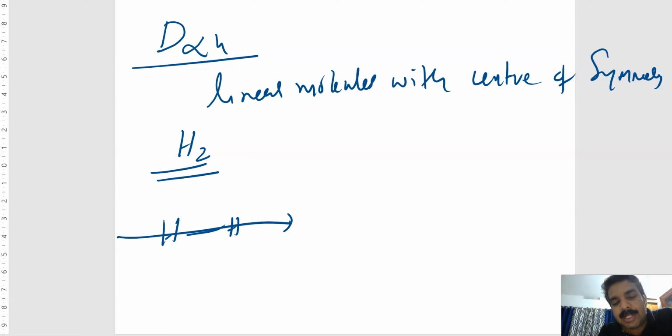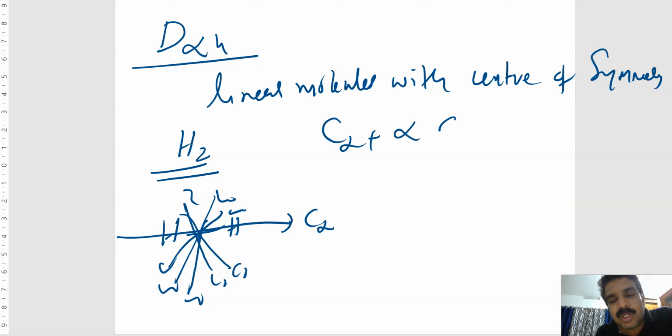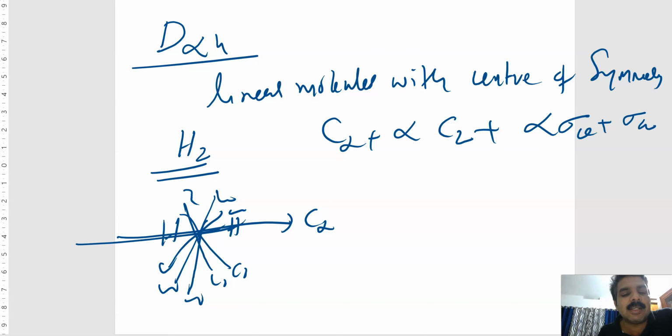It has a C infinity axis, and there are infinite number of C2 axes passing through this. These are all our C2 axes. So it contains C infinity plus infinite number of C2 and infinite number of sigma V, and sigma H is also present. A sigma H plane is here.